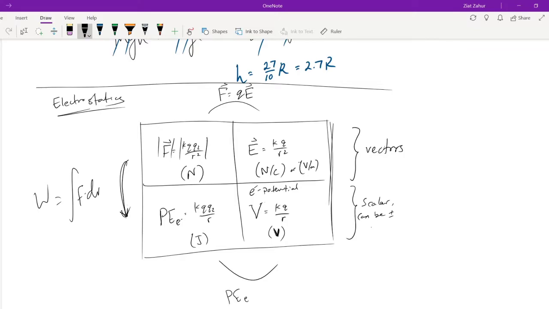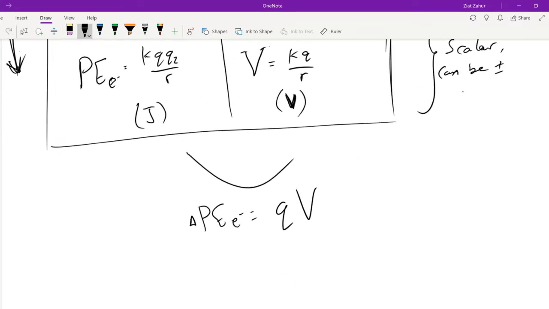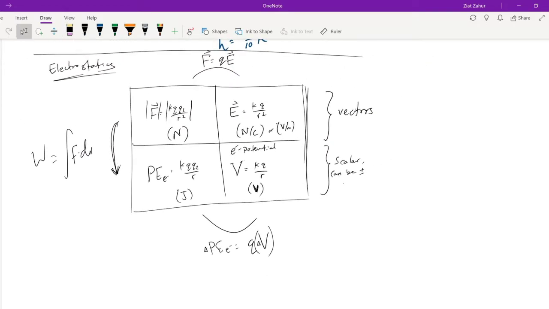Potential energy is equal to charge times voltage. I should do delta here. So delta PE equals q delta V. Alex isn't wrong. What does he have? Kilogram meters cubed per second squared Coulomb. Ugh.